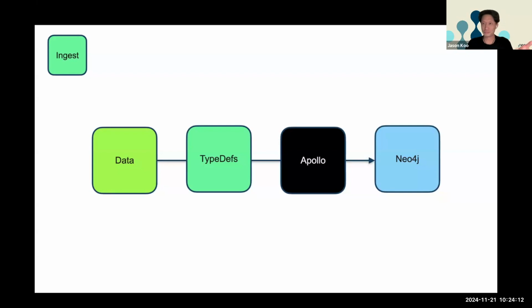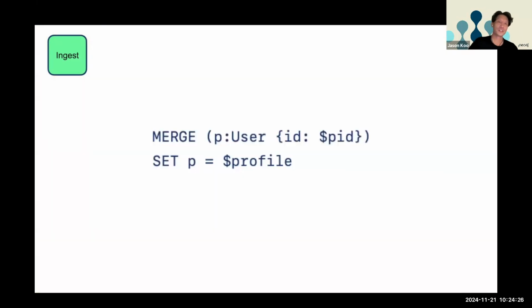But I'll go through the Cypher real briefly so that you know how this works if you were to look at the code. But be aware that probably our next iteration is we're going to demonstrate this in the future.